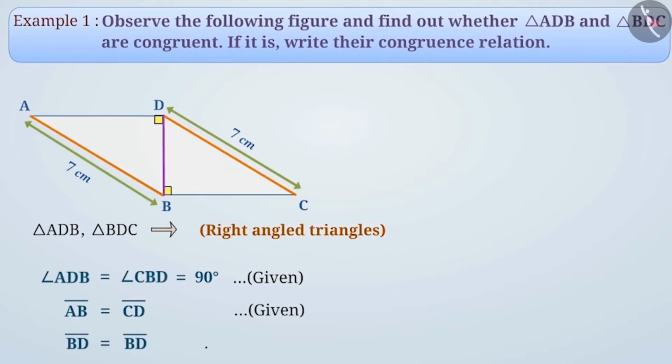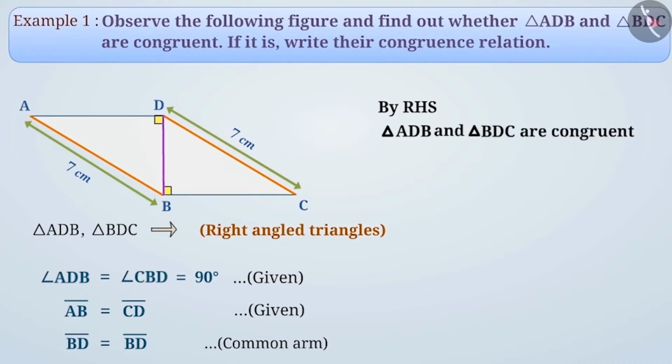This shows us that the hypotenuse of these two right-angled triangles is equal and one arm is equal. So here we can say that triangle ADB and triangle BDC are congruent by the RHS theorem. So, let us symbolically write the relation of their congruence.